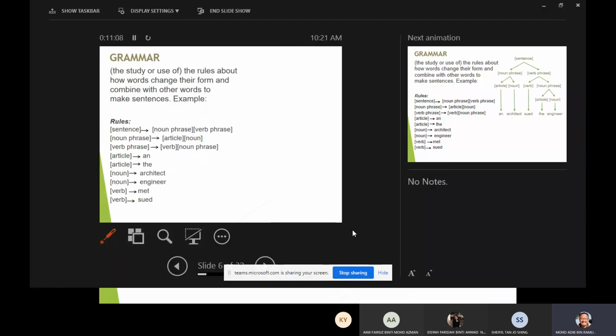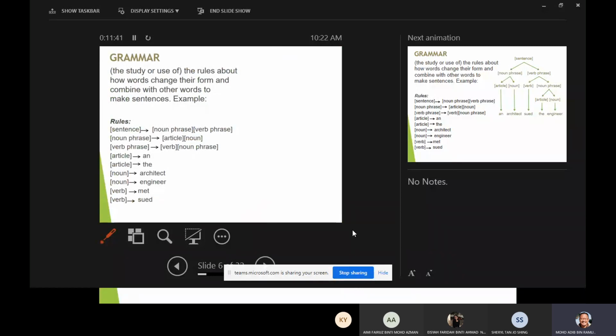Now let's look at the definition of grammar. In language, the definition of the word grammar is the study or the use of rules about how words change their form and combine with other words to make sentences. As you know, how we use language is by combining words, but we don't simply combine random words.